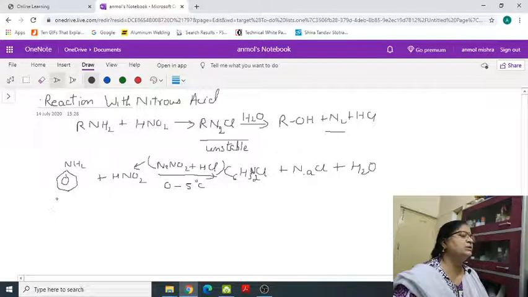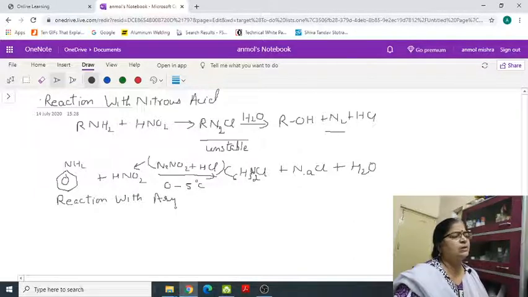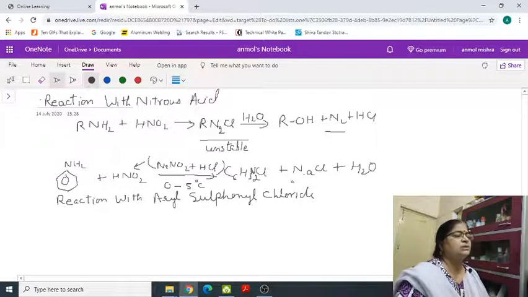Now the third reaction is reaction with aryl sulfonyl chloride. It is also known as Hinsberg's reagent.